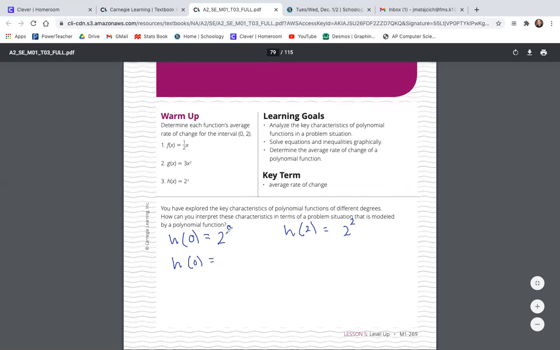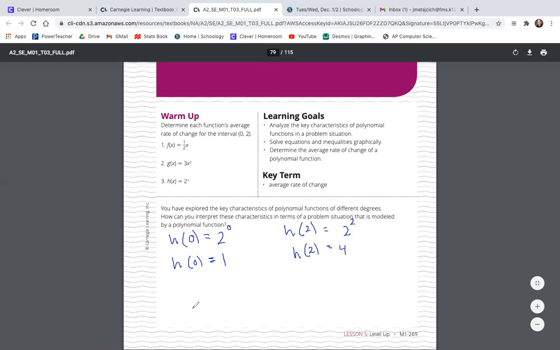If you remember these exponent rules, anything raised to the power of 0 is 1, not 0. So when I plugged in 0, the function spits out 1. And when I plugged in 2, the function is going to spit out 4.